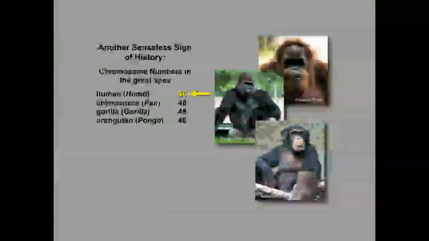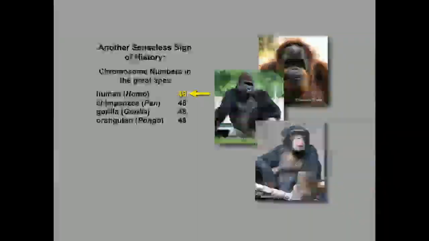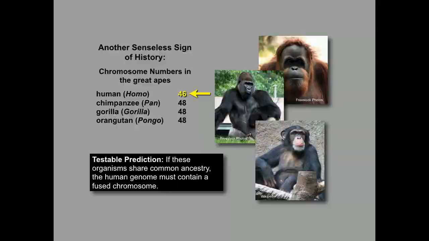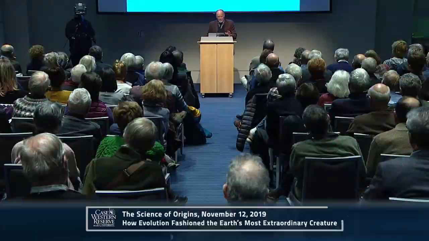How do we explain this fact that humans seem to be lacking a pair of chromosomes? Well, the only explanation that's consistent with evolutionary common ancestry is the 2 chromosomes that are still separate in the other primates got accidentally stuck together to form a single chromosome in us. And that would have dropped us from 24 pairs down to 23.